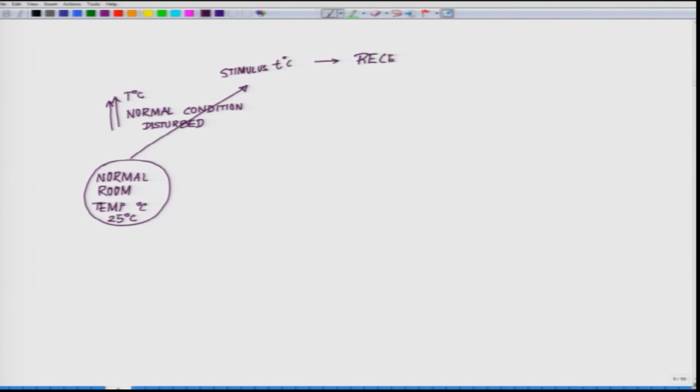In this case, the receptor will be an inanimate object, a thermometer. The thermometer senses that there is an increase in temperature of this room, and this information will be transmitted to the control center or thermostat setting.